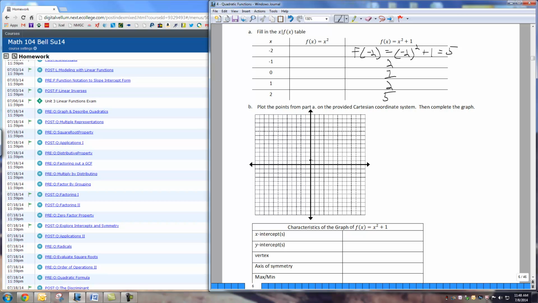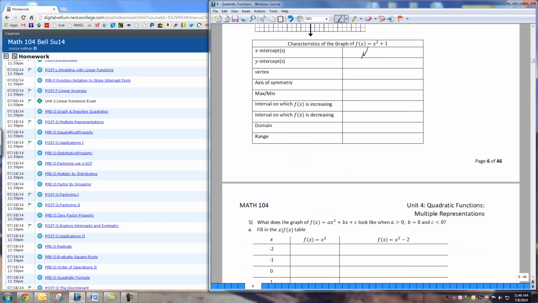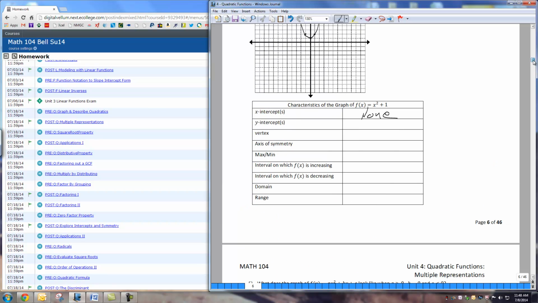So now this graph goes through the points 1, 2, negative 1, 2, then it goes through 2, 5, and negative 2, 5. Like this. So our graph's been shifted up 1 unit. So now our x-intercept, there isn't one, there is none. This graph does not cross the x-axis.